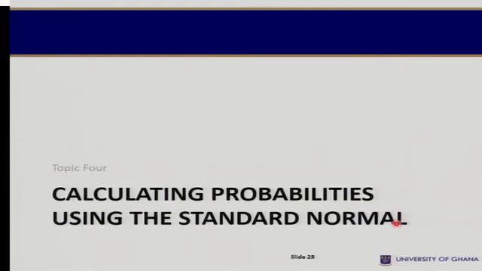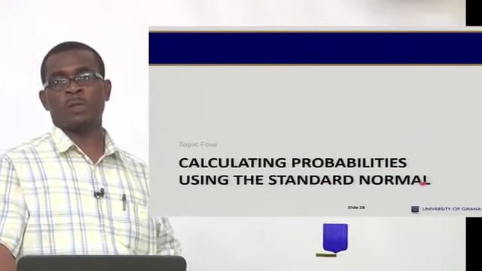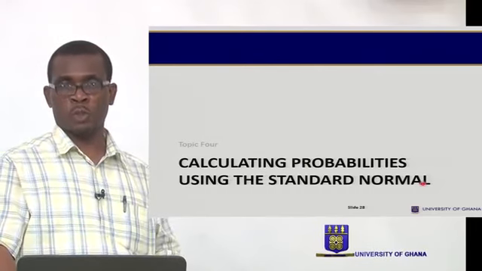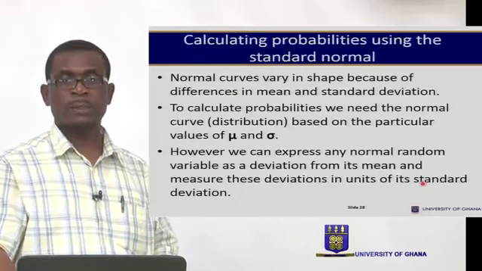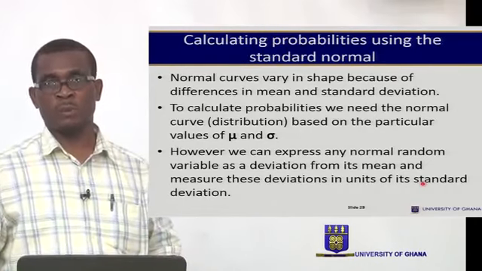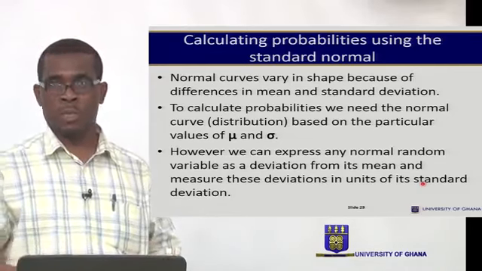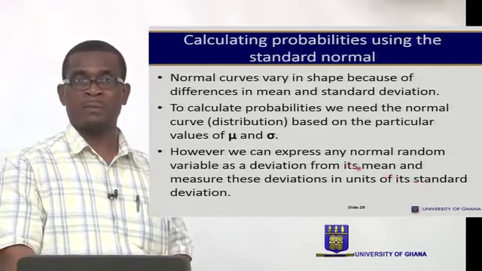Now let's move on to look at how we can use the normal curve, or what is called the standard normal distribution, to calculate probabilities. Now I indicated that normal curves vary in shape and in location based on the values of mu, the mean, and sigma, the standard deviation.